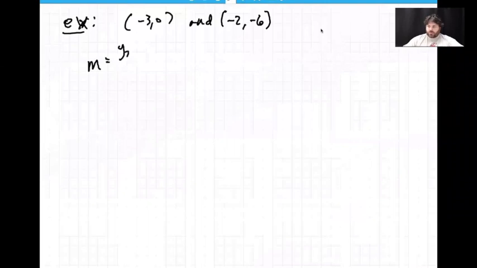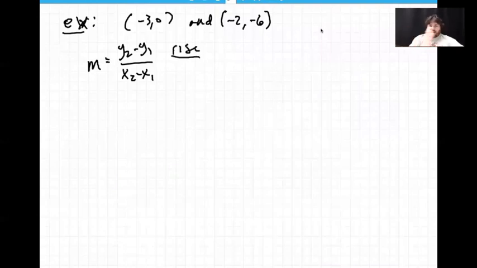It's y2 minus y1 over x2 minus x1. Now think about what this is. y2 minus y1, that's the difference in the heights, the y values. That is the rise. And the difference in the x values, that's the run. So it's still rise over run. We still want to think about it that way.